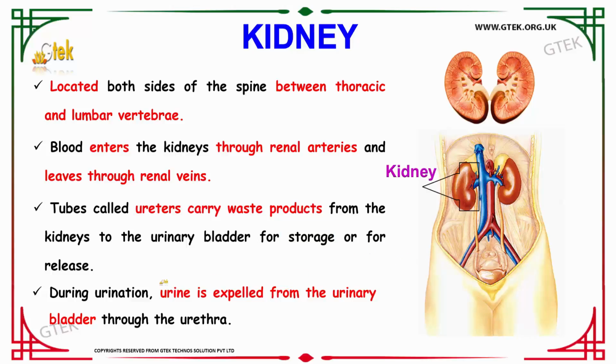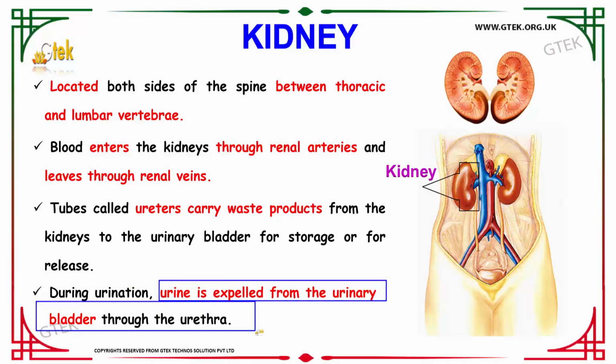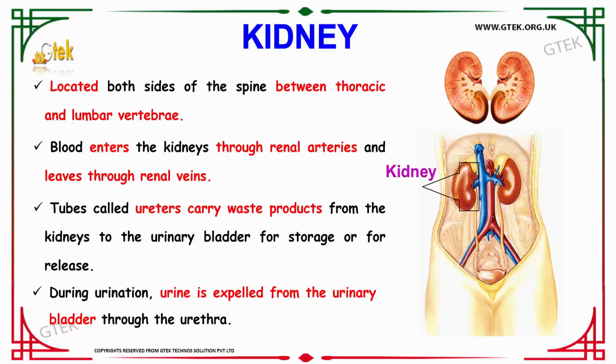During urination, urine is expelled from the urinary bladder through the urethra. So your kidney acts as the major filter, which filters the impurities from the blood.